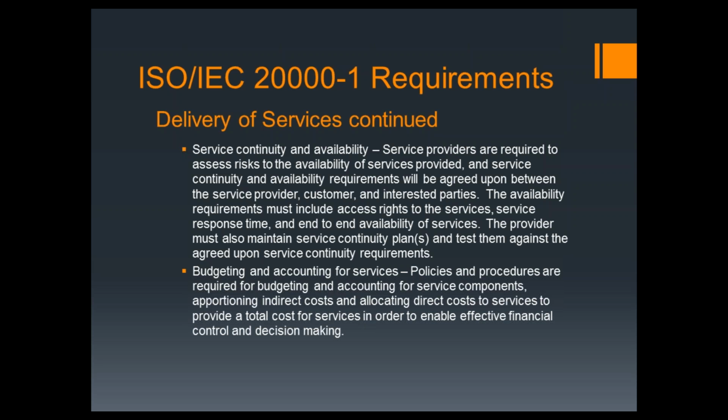With services, there's going to be a lot of shared infrastructure, things that aren't necessarily as easy to enumerate as far as being able to assign costs. So this section requires service providers to make sure that they have an effective way to have a good understanding of what the cost is to them to provide these services, so that they can make sure that they are pricing them appropriately and making it beneficial to them.